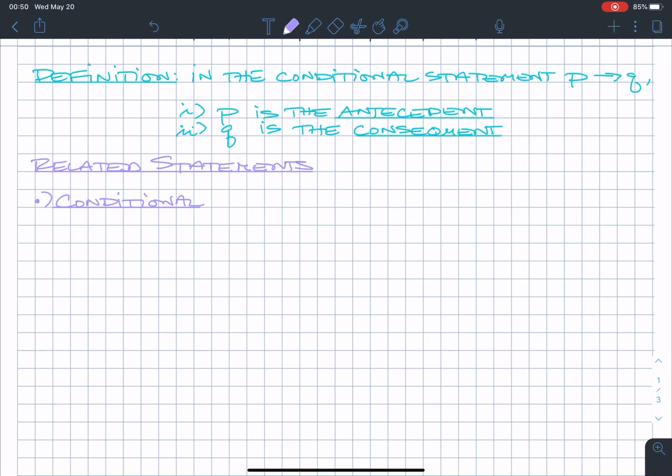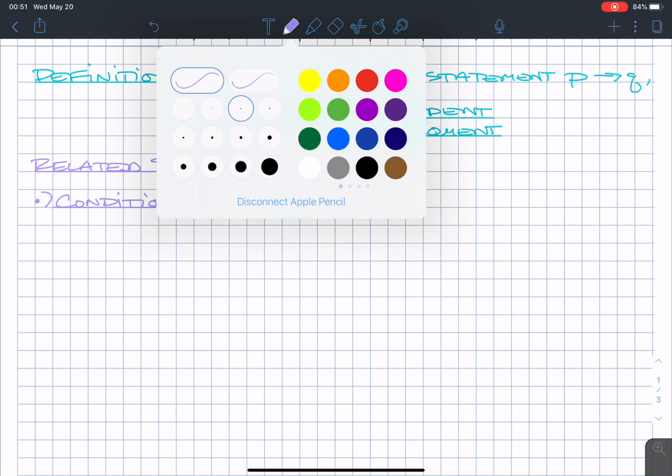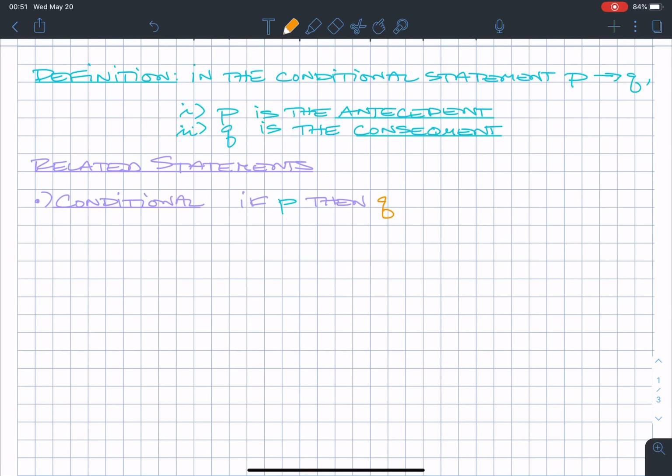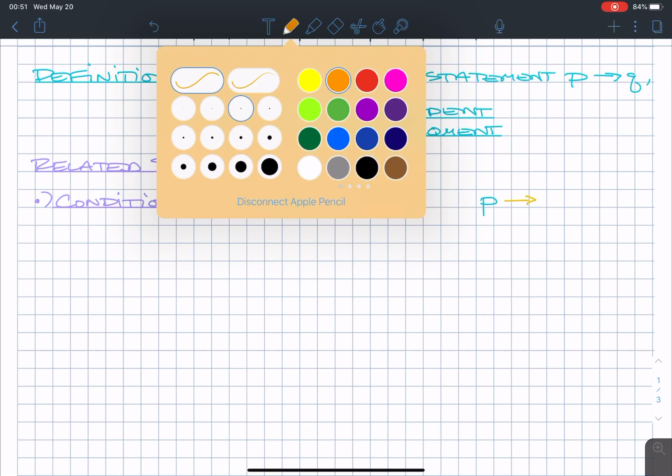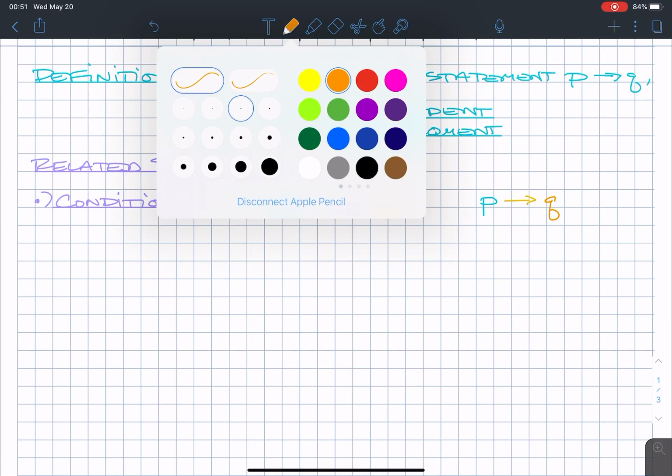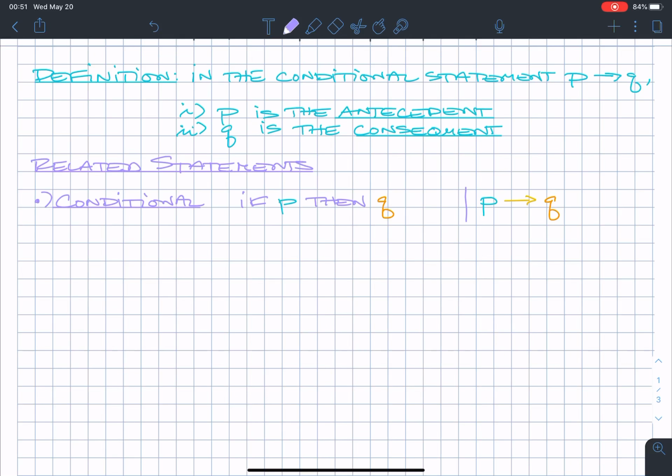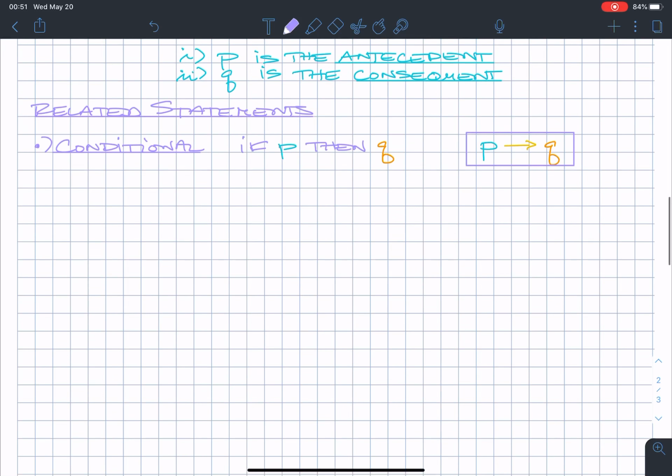And that, of course, is if P, then Q. And of course, we know this as P with a right arrow to Q. That's if P, then Q. Right, so let me go ahead and put a box around this. If P, then Q. That is the conditional statement.